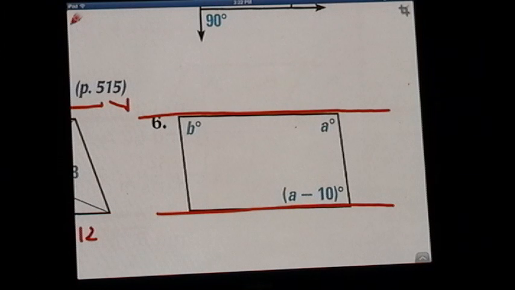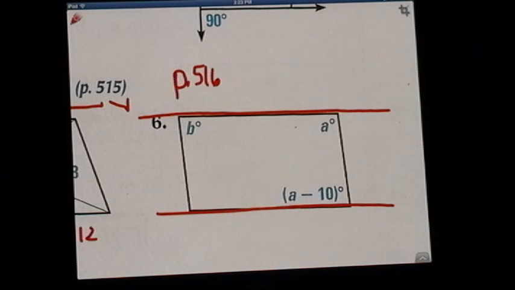I remember we decided not to write that one down because it was hard to illustrate. Aha! It is on page 516. So if you did this with me, you're ahead of the game. Add to your theorem list that consecutive angles are supplementary if it's a parallelogram.